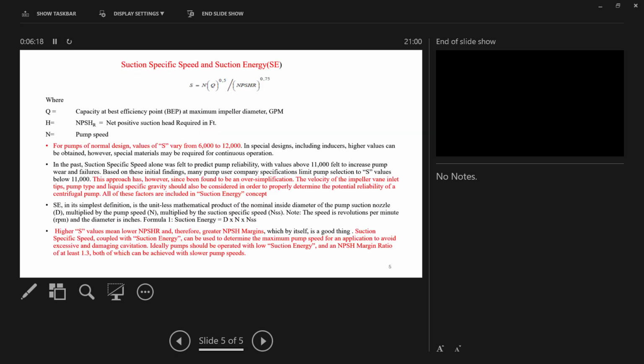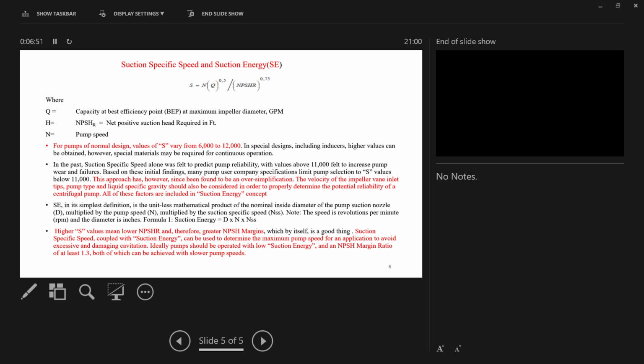But when we talk about the selection of a pump, then suction specific speed and suction energy, both you have to take at a time, correlate with each other and incorporate both, and then only you can select the pump. The suction specific speed formula is this, where N is the RPM, Q is the capacity at best efficiency point of maximum impeller diameter, NPSH R is required in feet, N equals pump speed.